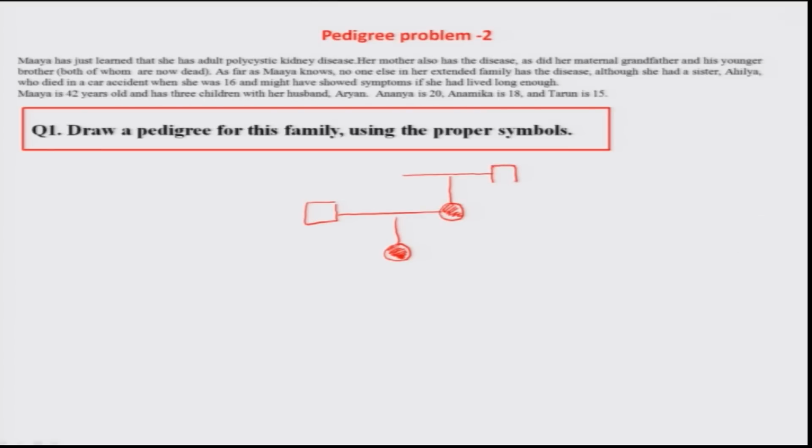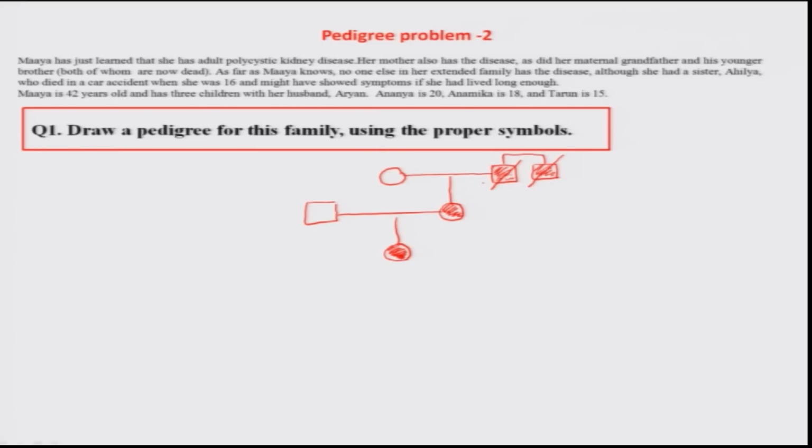This square denotes her grandfather, and this her grandmother. And now her grandfather's younger brother also had the disease, so we'll fill the square, and both are dead.